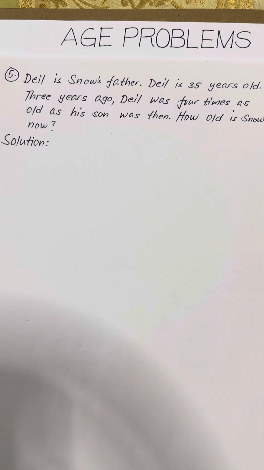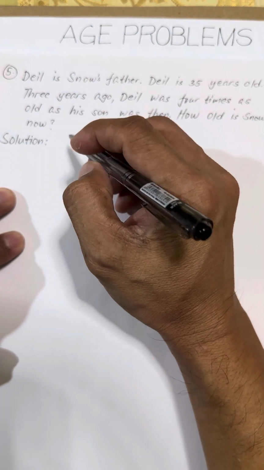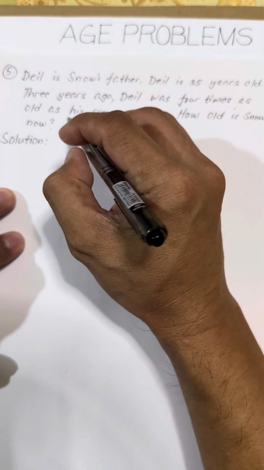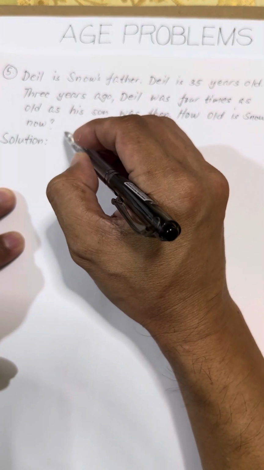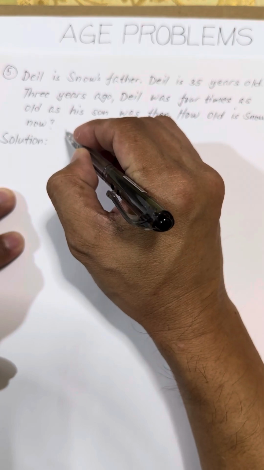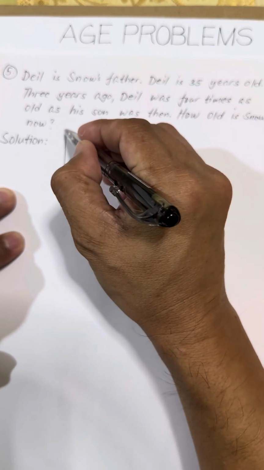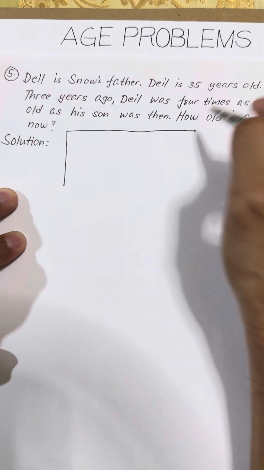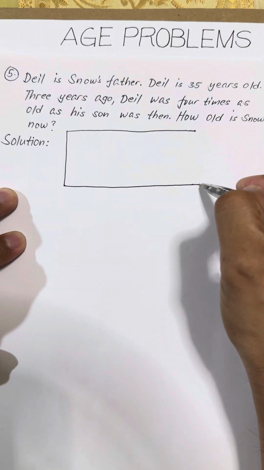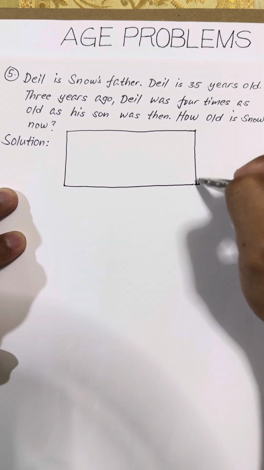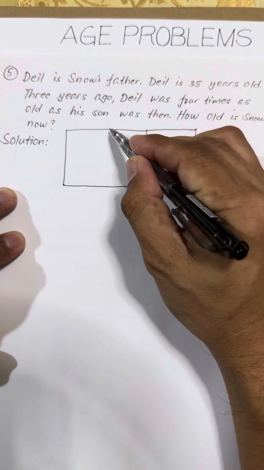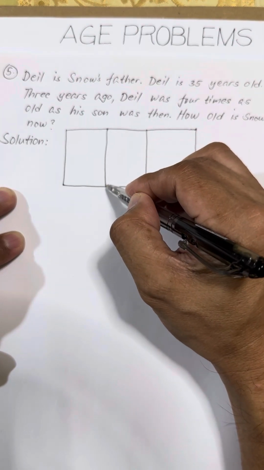So as usual, we have to draw a table. In this problem, a suitable table size is 3 by 3. Okay, so drawing a 3 by 3 table. This is our 3 columns.